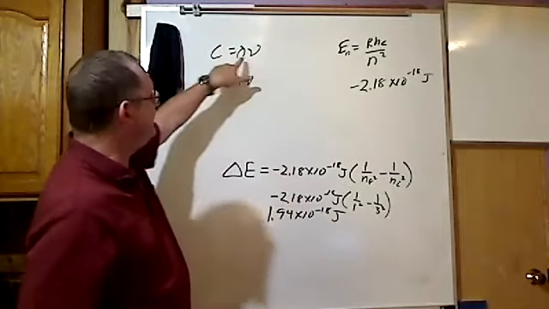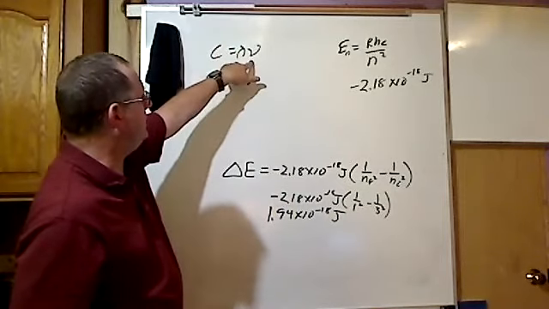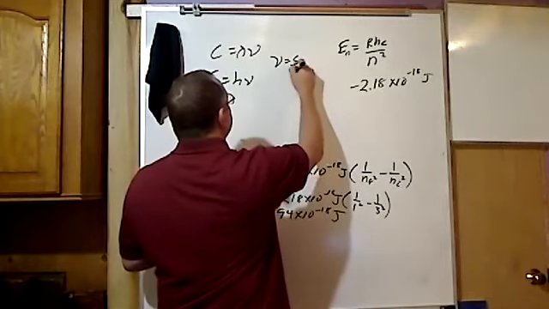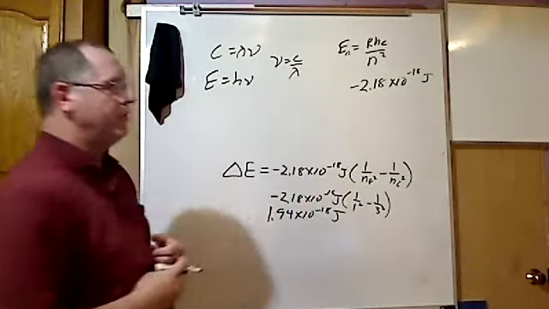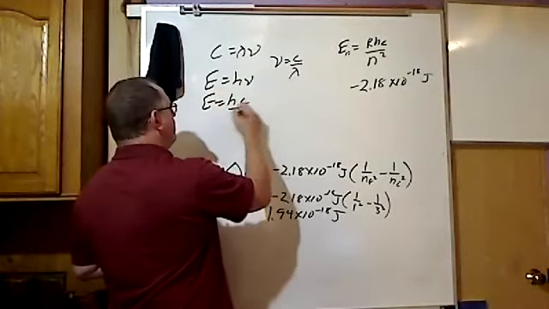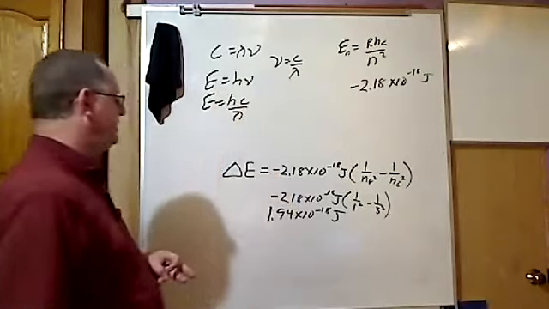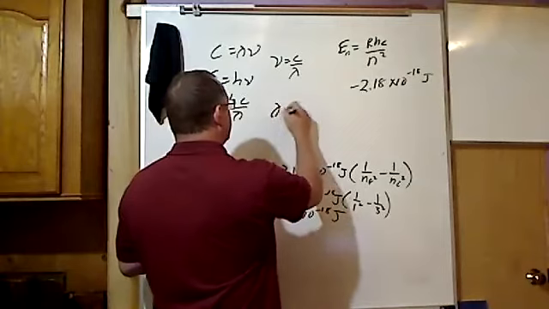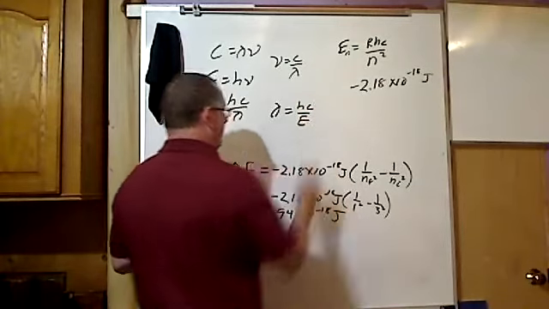Now, I can substitute this. If I solve for nu, nu is equal to c over lambda, I can just substitute that in here. E is equal to hc over lambda, or rearranging this equation, lambda is equal to hc over E.